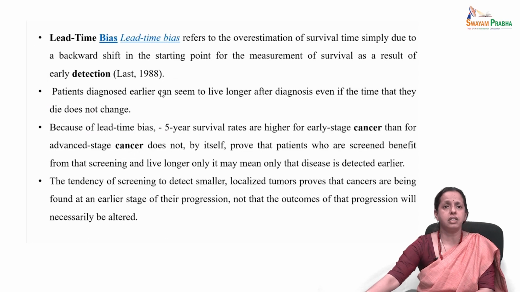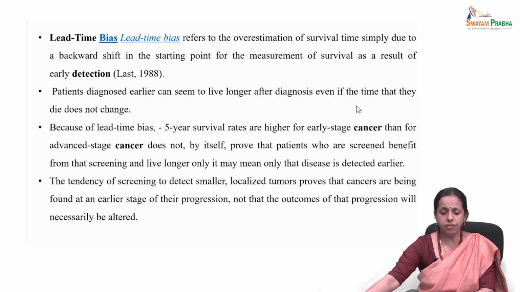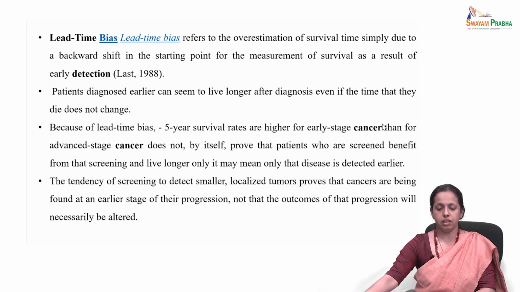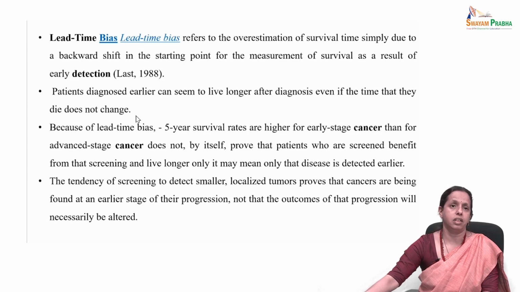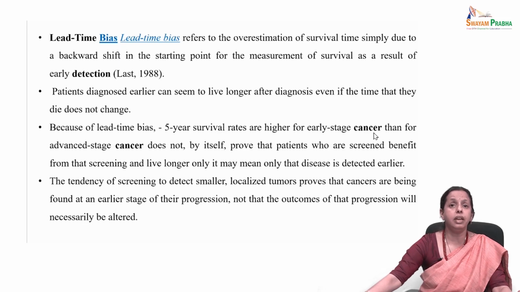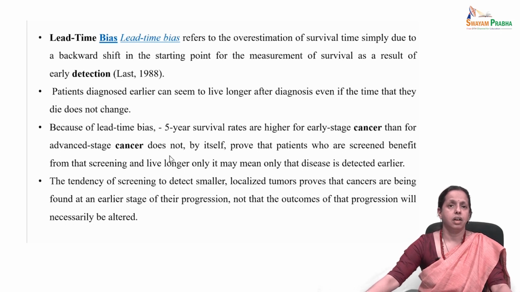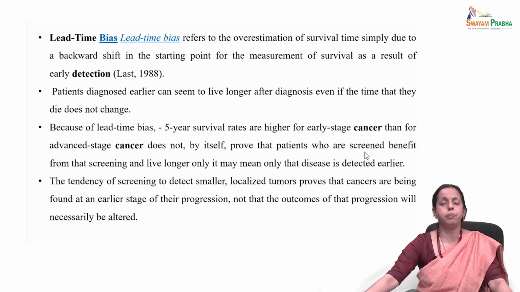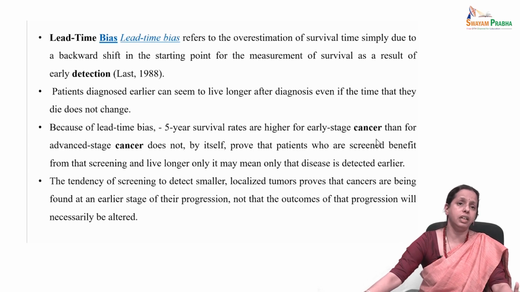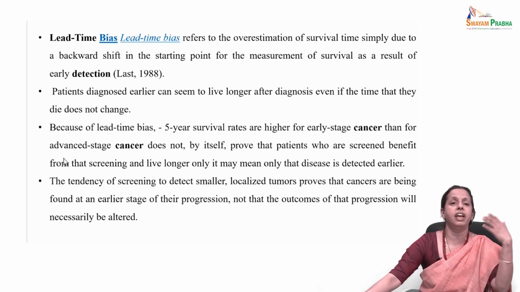Here, patients diagnosed earlier can seem to live longer after diagnosis, even if the time that they die does not change. Because of lead time bias, 5-year survival rates are higher for early stage cancer than for advanced stage cancer, which by itself does not prove that patients who are screened earlier benefit from that screening and live longer.